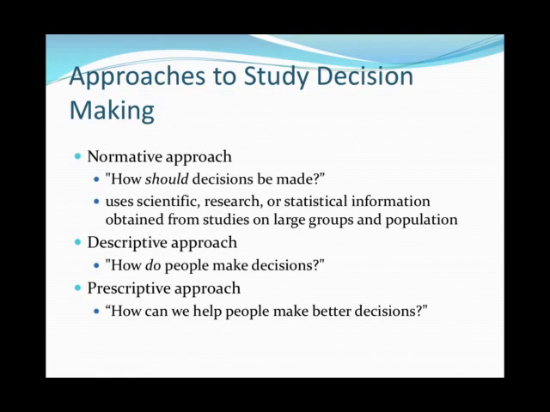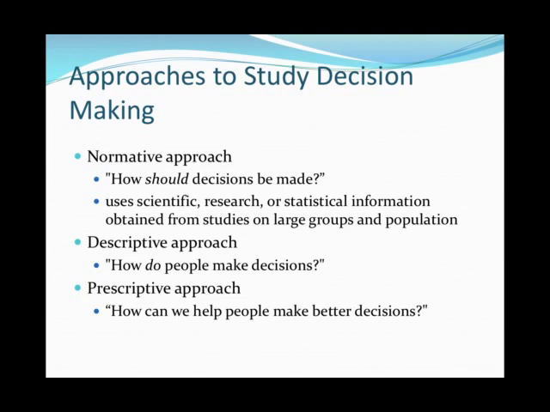Okay, so these are different ways that people study decision making. One type is called the normative approach, and that's how should we make decisions? Like that's the question of the researchers. How should we make decisions? Should we make them critically or intuitively or something like that?